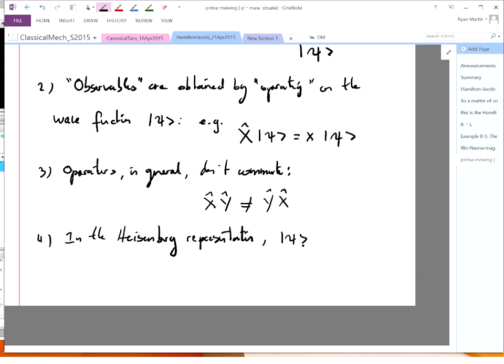In the Heisenberg way, we call psi the state vector, and in the Schrödinger way, we call psi the wave function. They're basically an entity representing the same thing. In the Heisenberg representation, the state vector is constant, and the operators are time dependent.